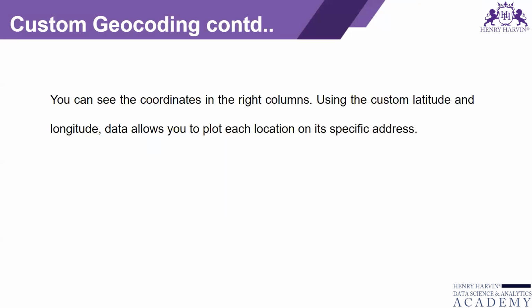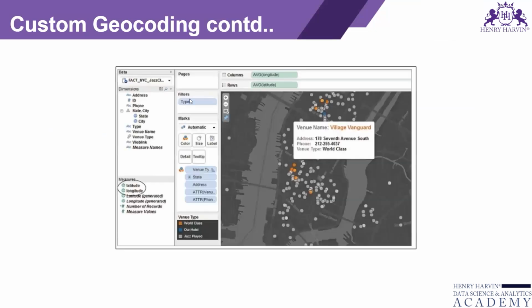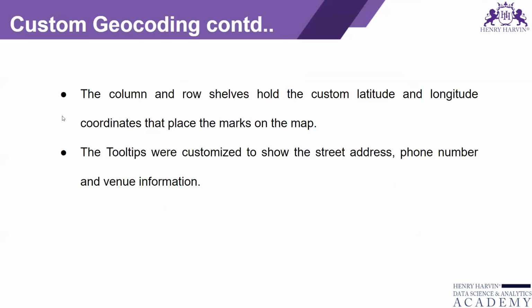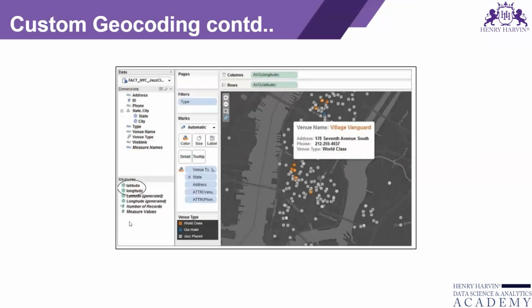Okay. Now you can see the coordinates in the right columns. Using the custom latitude and longitude data allows you to plot each location on its specific address. That is what I explained right now. Okay, so using this particular custom geocoding information, see, here in the first case, it has a set of latitude and longitude information which is generated on the basis of the state and city column.